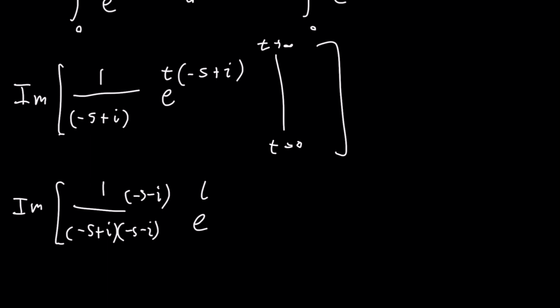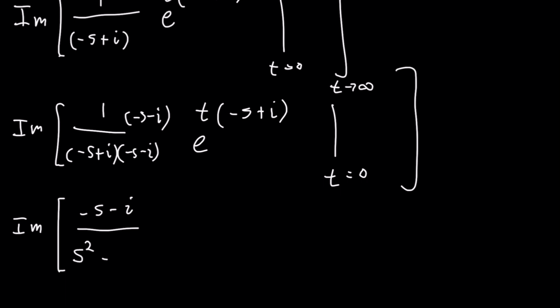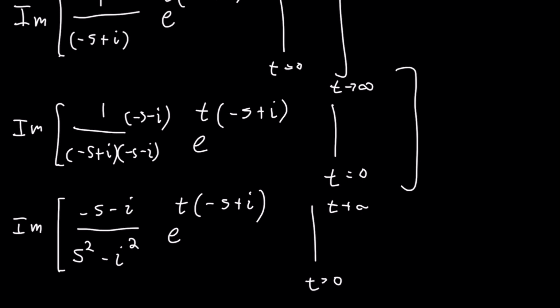So you have the imaginary part of negative s minus i, over s squared minus i squared, times e to the t power times negative s plus i, where you evaluate this from t equals 0 to t approaches infinity.